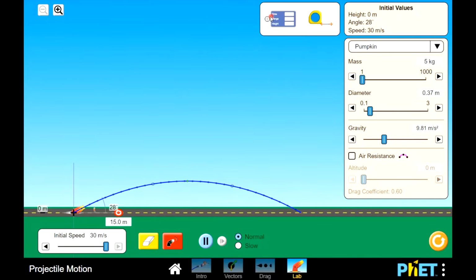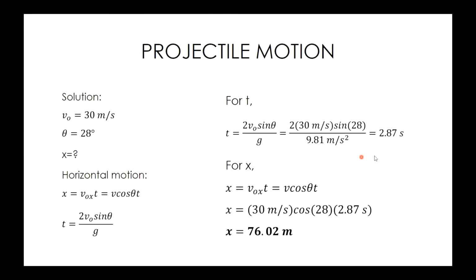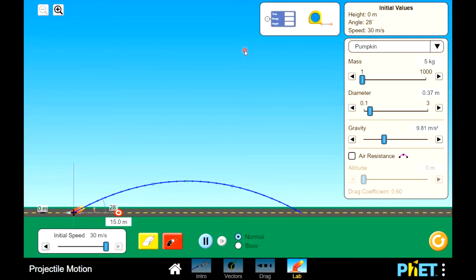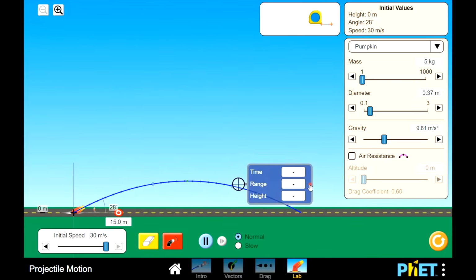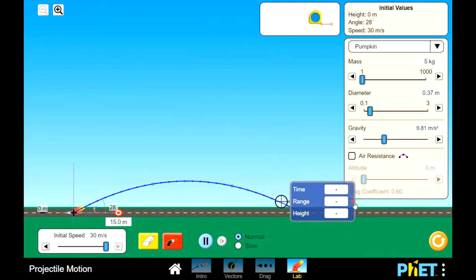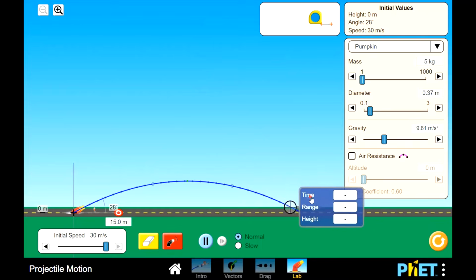So, now, let's see. From our time na 2.87 seconds, hanapin natin kung nasaan yung distance na ito. So, let's use our tracker. So, this point, 2 seconds na siya. At this point, 2.7.